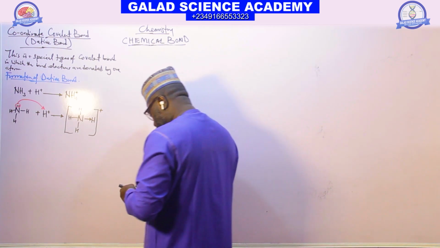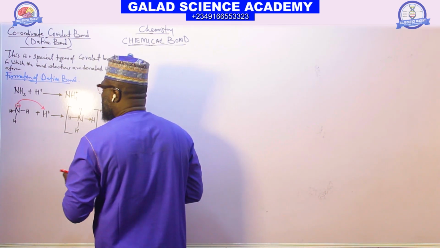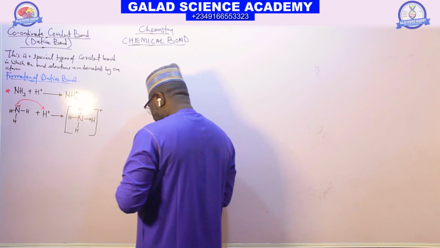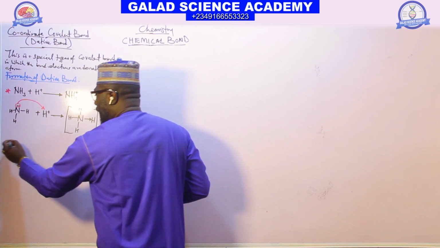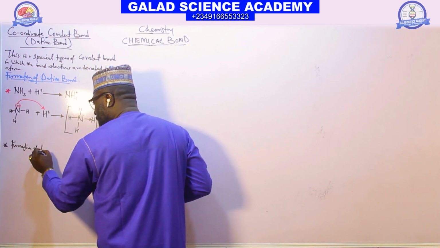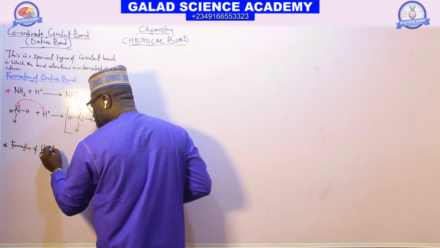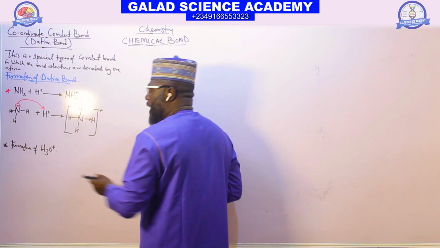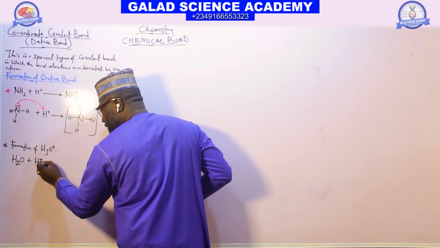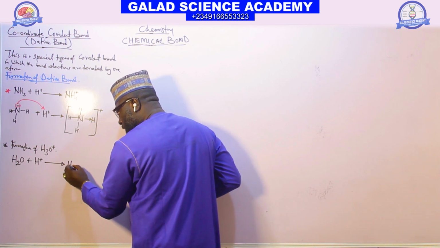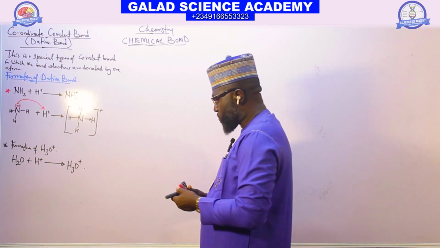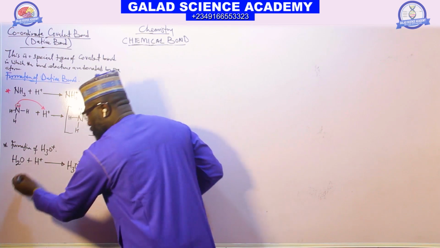So example 2. Formation of the hydronium ion. Here we have water, and we add a hydrogen ion to give us H3O+. So draw the water.